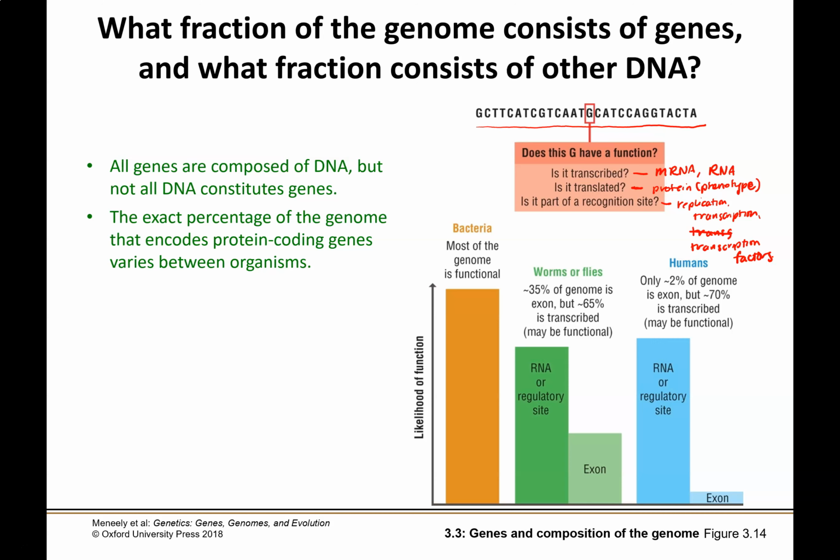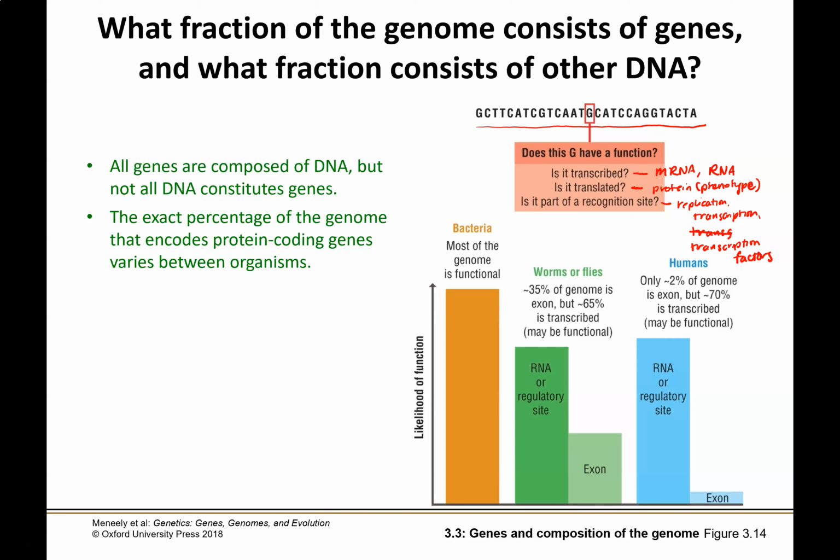So each genome is different, and within each genome, the exact percentage of the genome that encodes expressed proteins varies among organisms. Now, in general, bacteria and other prokaryotes have genomes that are almost fully functional. That means they have basically no extra DNA. Everything is coding or provides a particular purpose within the organism.